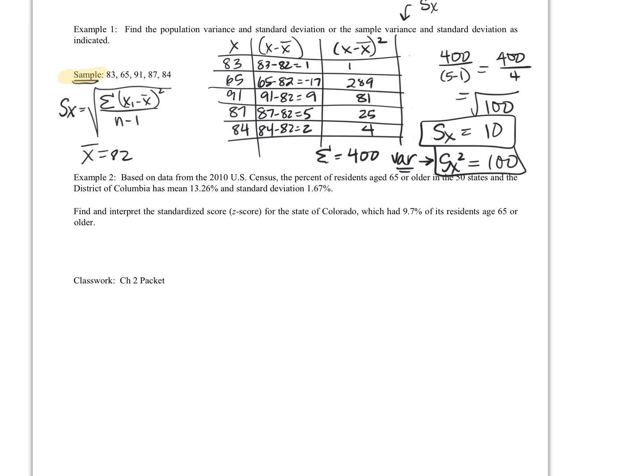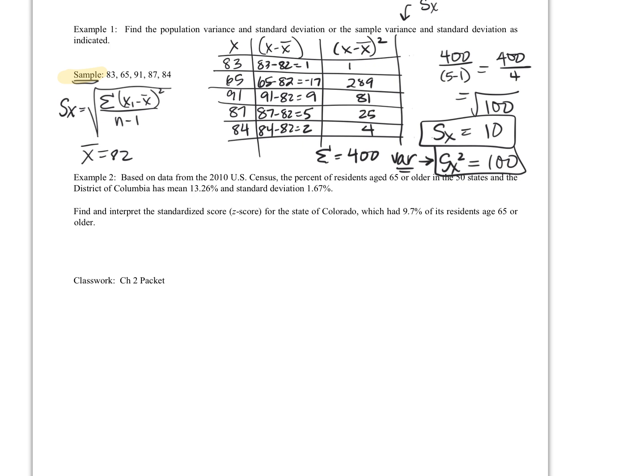Based on the data from the 2010 census, the percent of residents aged 65 or older in the 50 states and the District of Columbia has a mean of 13.26 and a standard deviation of 1.67. So always take a second and write those little terms out.